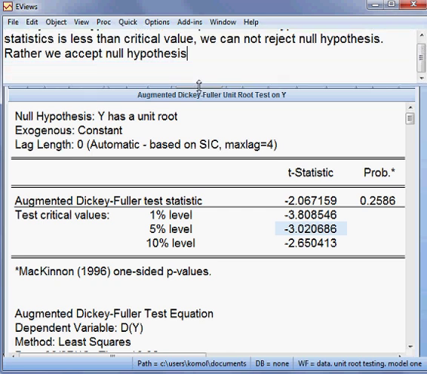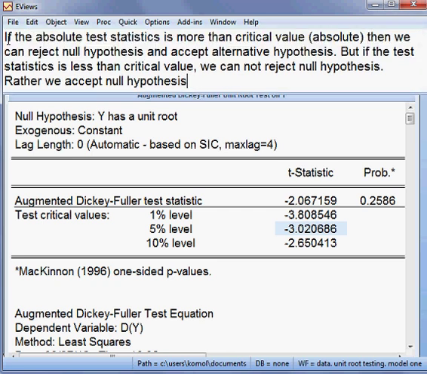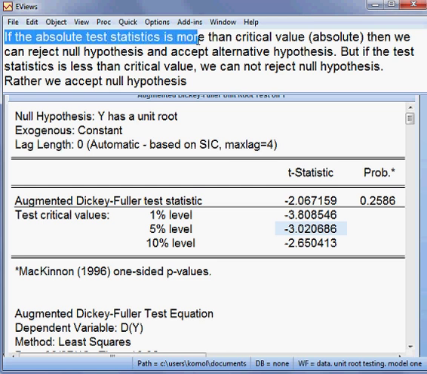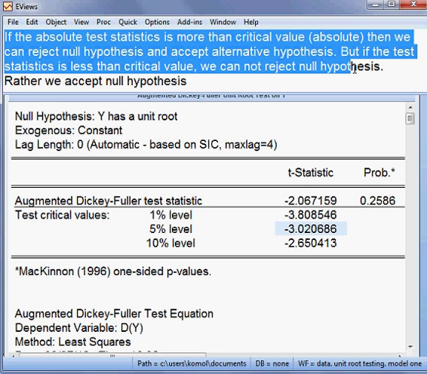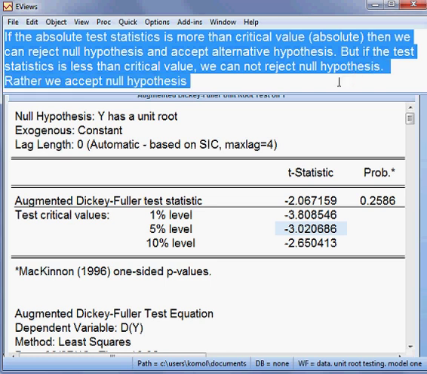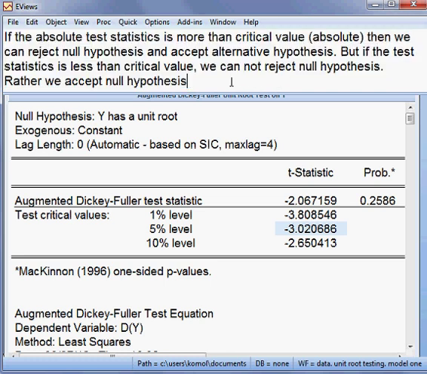If the absolute test statistic is more than the critical value, we can reject the null hypothesis and accept the alternative hypothesis. But if the test statistic is less than the critical value, we cannot reject the null hypothesis. Rather, we accept it.